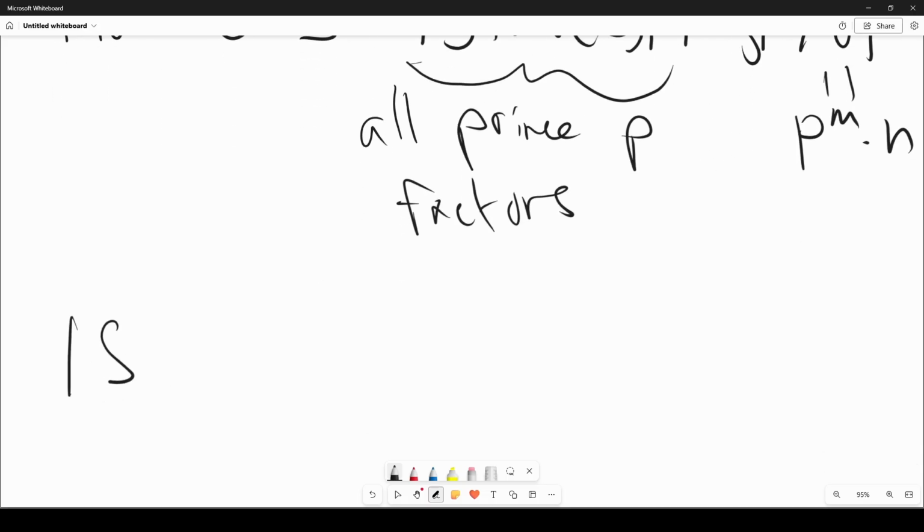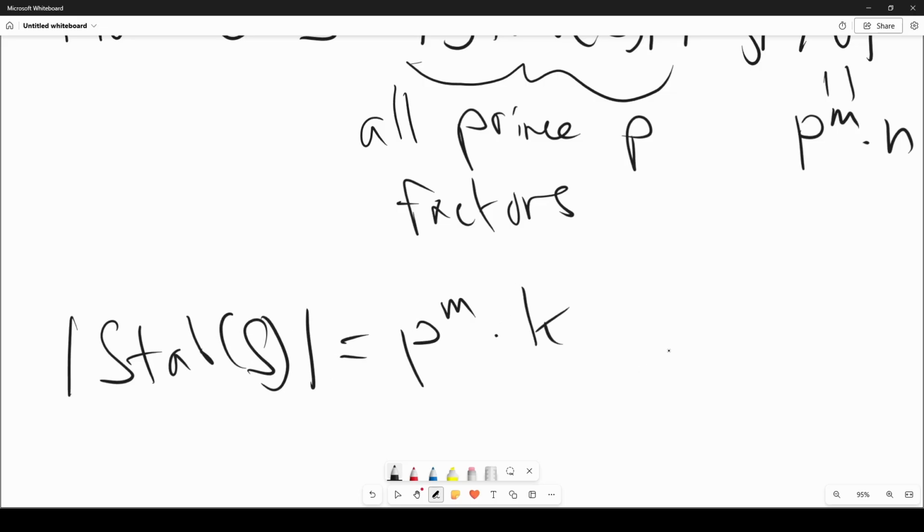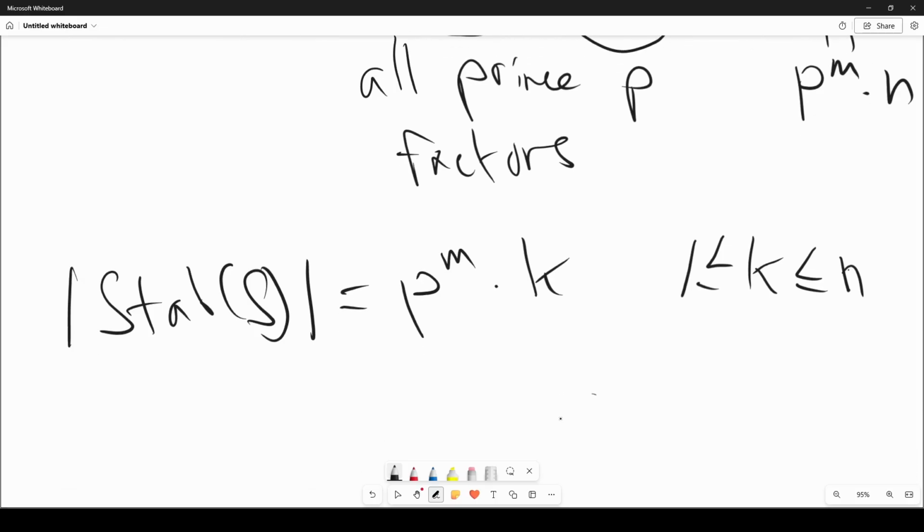This implies that the stabilizer of S has to equal p to the m times k for some k, where we get that 1 is less than or equal to k is less than or equal to n, since it's a subgroup. Okay, this is some progress. But remember, we're trying to extract p-Sylow subgroups, which are subgroups of exactly p to the m, so in this case where k is just 1.